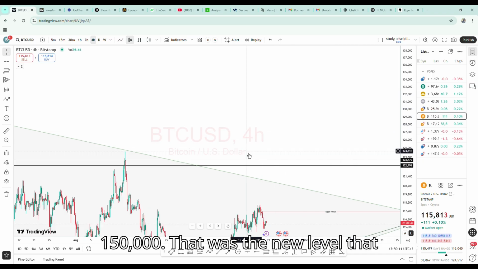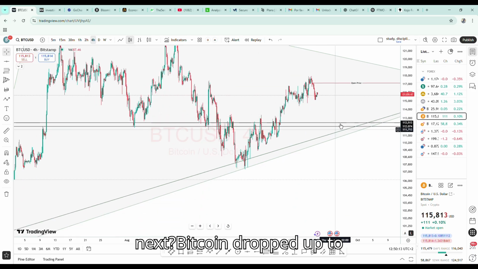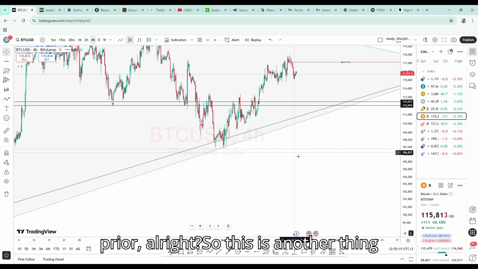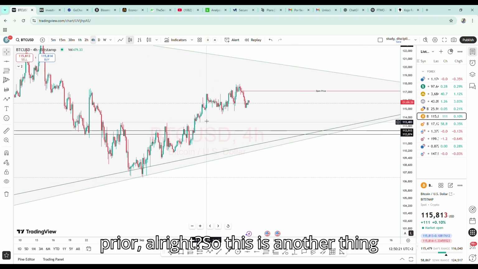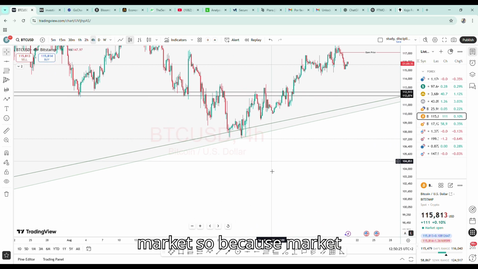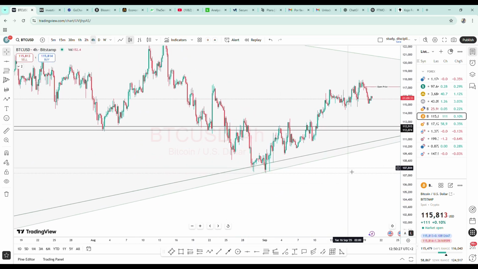That was the level everybody was expecting. But what happened next? Bitcoin dropped to 107,000. So this is another thing indicating that anything can happen in the market.